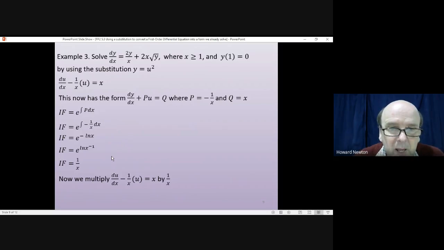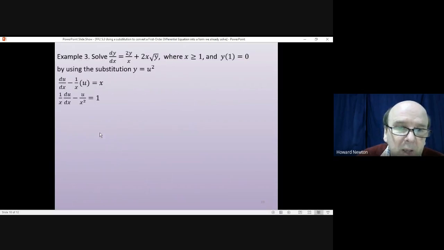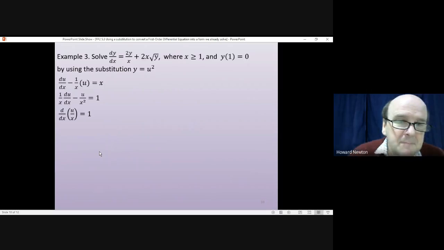Now we multiply by 1 over x, and that will give us 1 over x du by dx minus u over x squared is equal to 1, which is where we've got to there. And that means that d by dx of u over x is equal to 1.